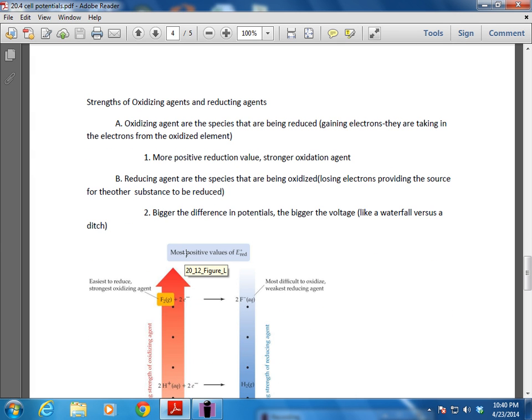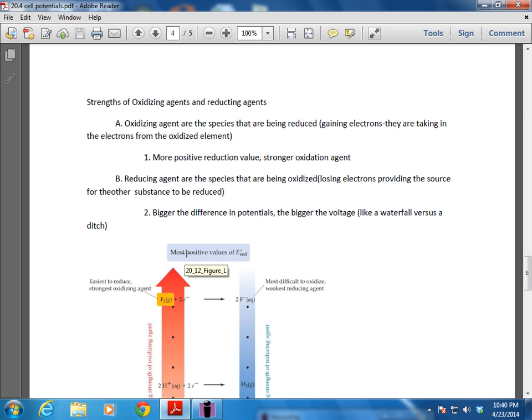All right, so how does this work in terms of oxidizing and reducing agents? Remember, they're kind of opposites of what they do. Oxidizing agents are the species that are being reduced, so they're the ones that are gaining electrons. They're taking the electrons from the element being oxidized. So the agents are in fact being reduced, which means they're gaining the electrons. They're accepting them at the travel destination.